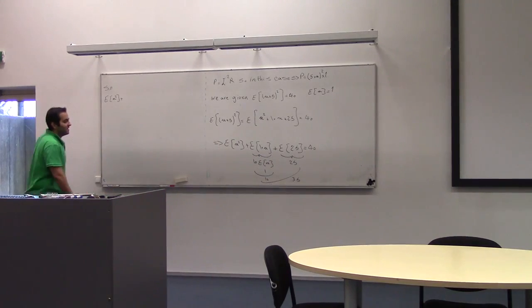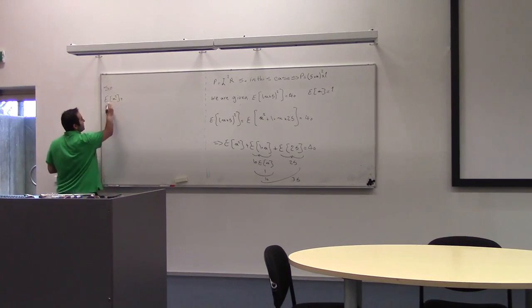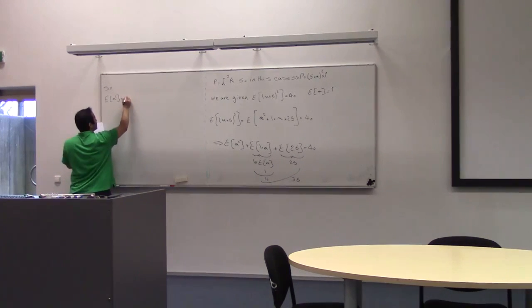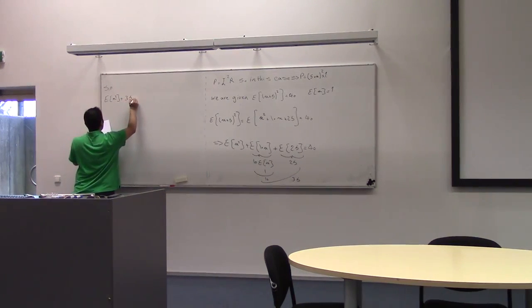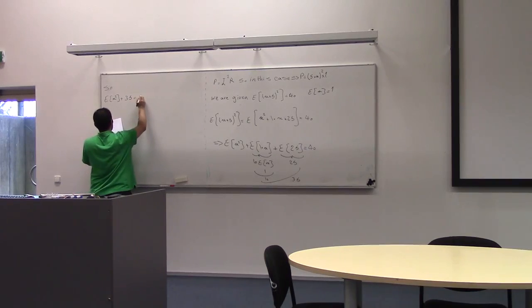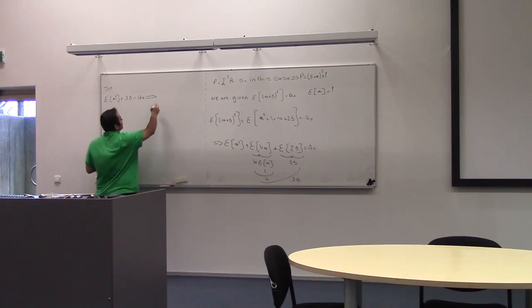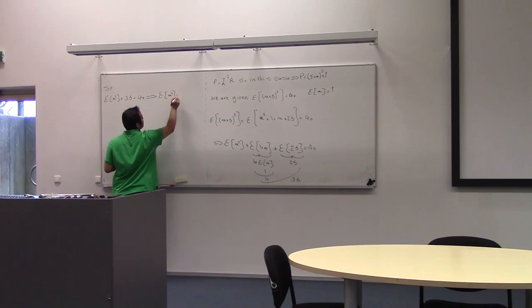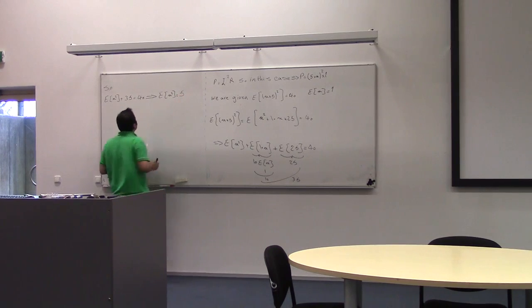Okay? Means that the expected value of the x power 2 is equal to 35 plus 5, is equal to 40. Then we can say that the expected value of the x power 2 is equal to 5.